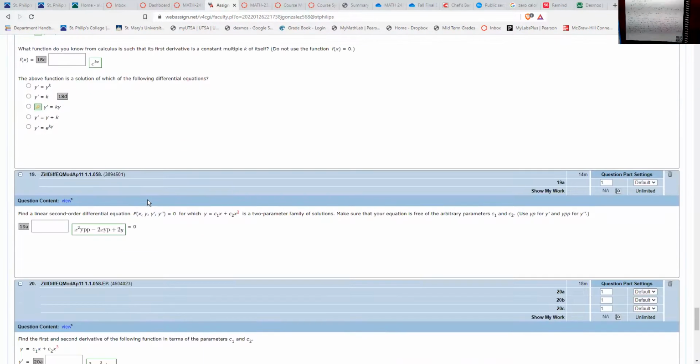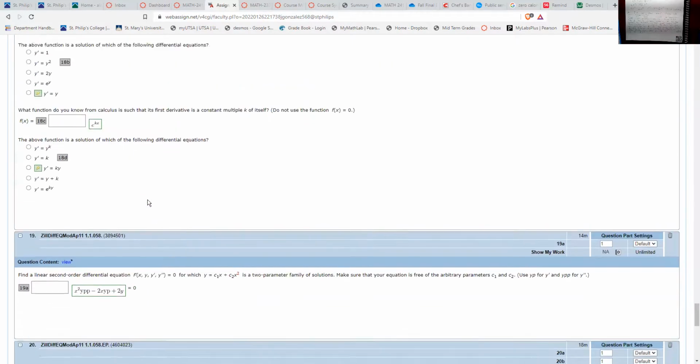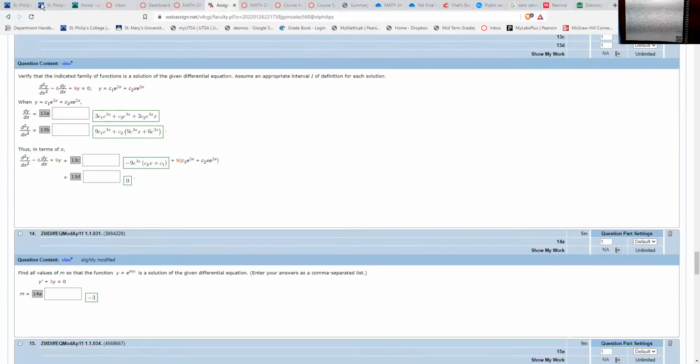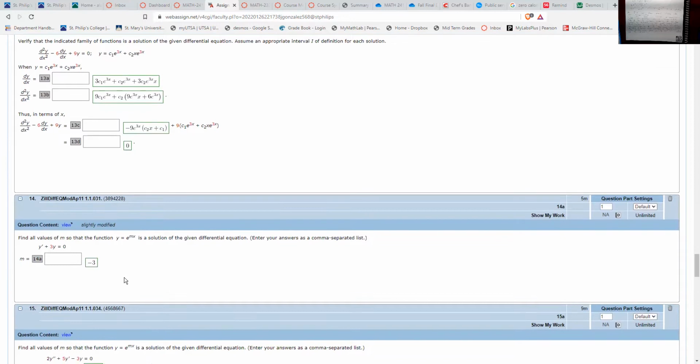Well, let's look at, I guess let's look at 1.2 a little bit. Oh, okay. So here they give you a general solution for number 14. So they want you to figure out what is the value of m that will satisfy this.